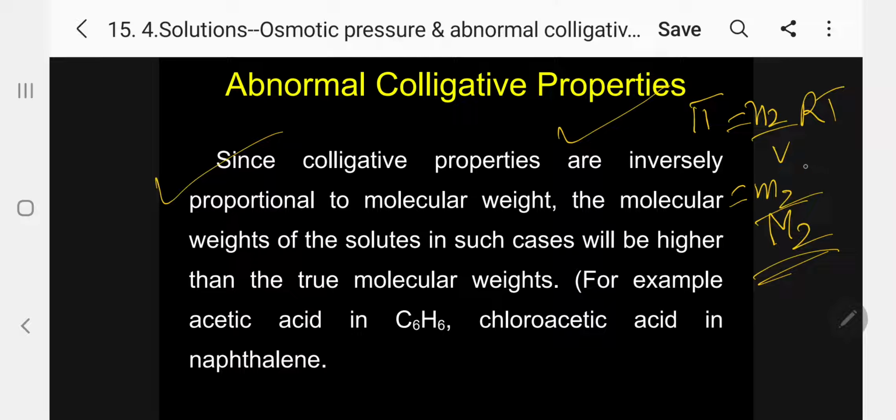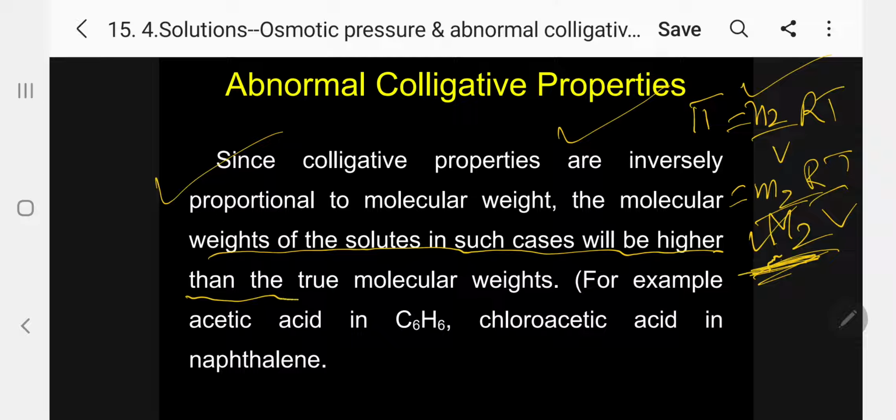That means pi equals m2 RT by M2 V. So inversely proportional to molecular weight. Since colligative property pi is directly proportional to N and inversely proportional to M2, the molecular weight, the molecular weight of the solute in such cases will be higher than the true molecular weight.